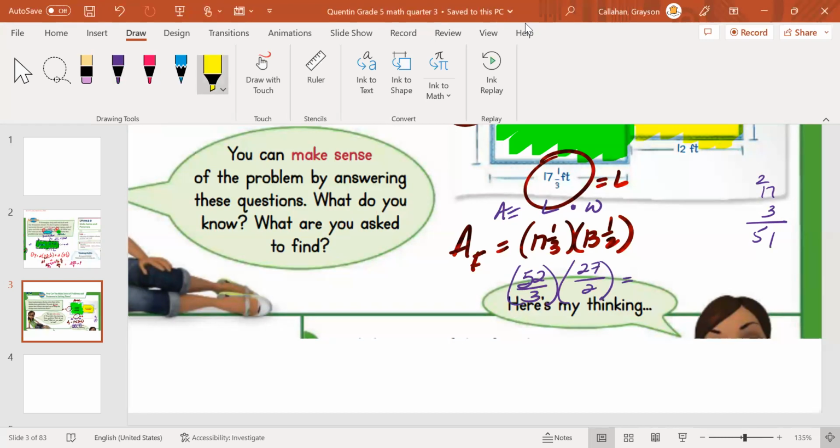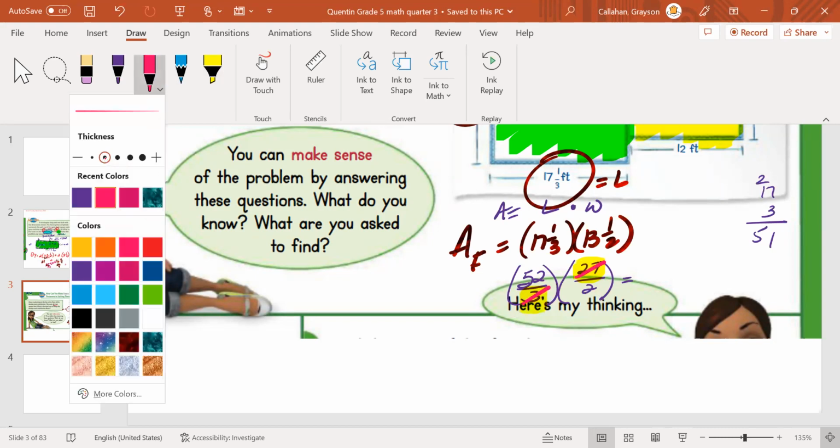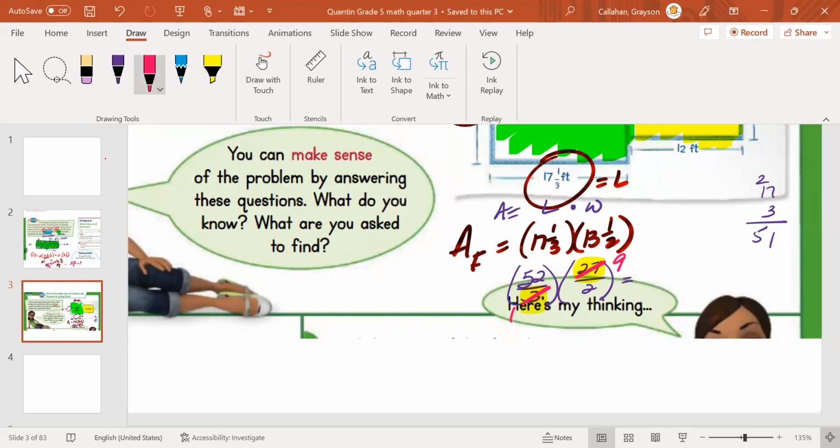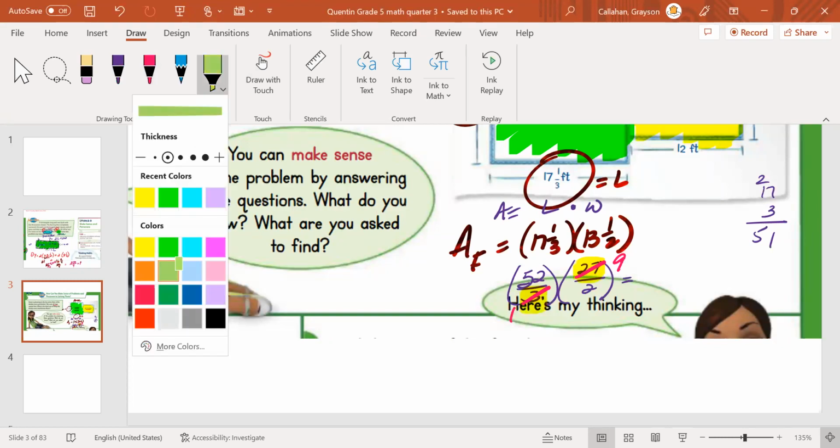Now, before you multiply through, do you see how the 27 and 3 right there? What can you reduce that down to? What's 27 divided by 3? 9 and 1. What about 52 and 2? What can you reduce that down to?